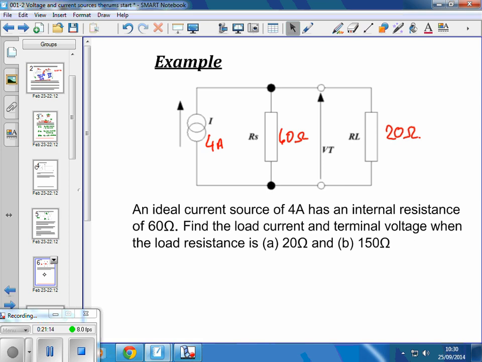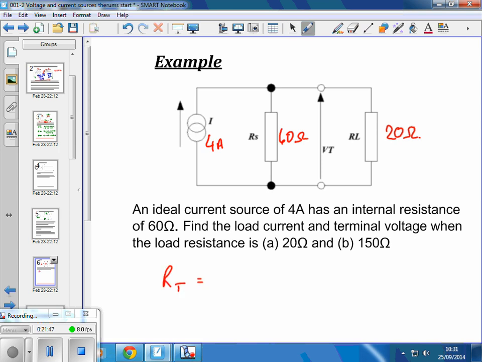From the information you've got there, Joe, what can you calculate? Yeah, you could do. What, directly? Give me a formula for it. Yep, so you could find RT, can't you?